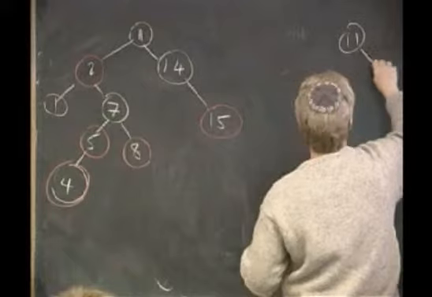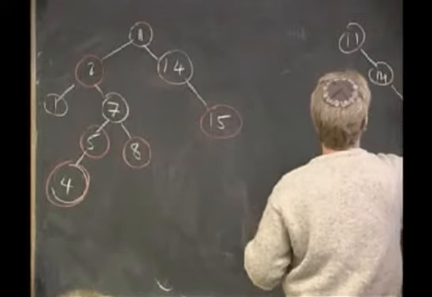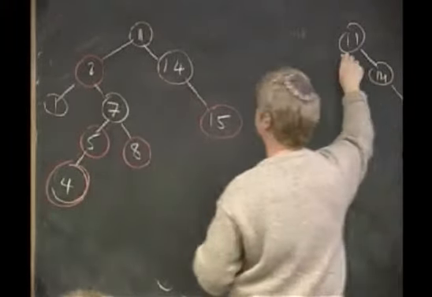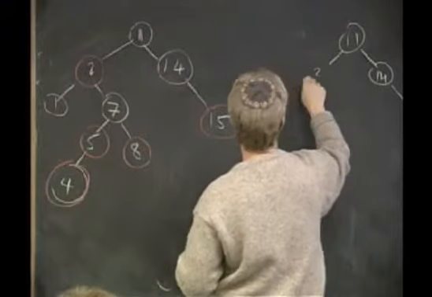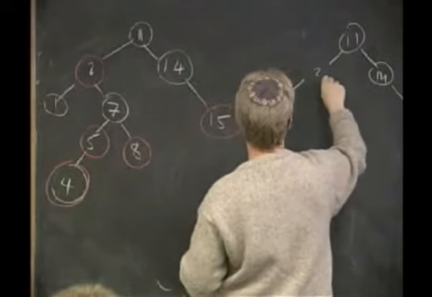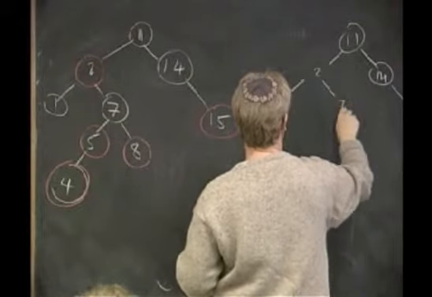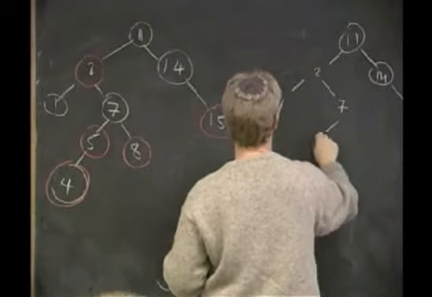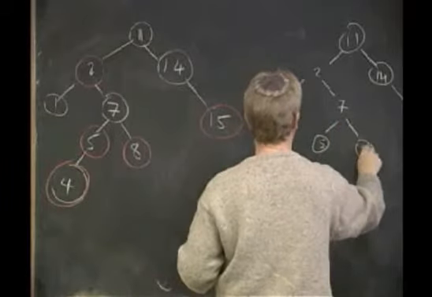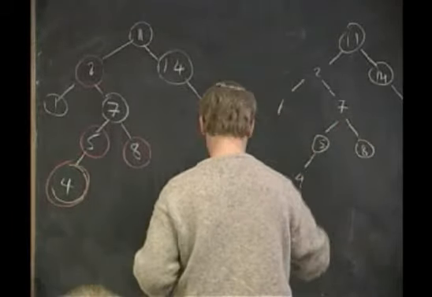11, 14, 15, 2, 1. 7's going to be red. 5, 8, 4.